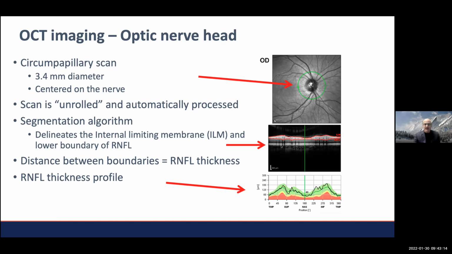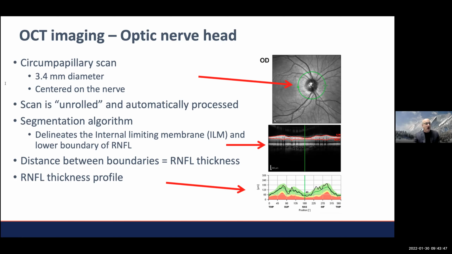This scan is essentially unrolled and automatically processed with a segmentation algorithm to delineate the peripapillary retinal nerve fiber layer, going from the internal limiting membrane up top to the lower boundary of the RNFL below. The difference between these boundaries is determined to be the retinal nerve fiber layer thickness, and that's generally shown as a profile as it's unrolled from the temporal region in 360 degrees around to the other temporal region.